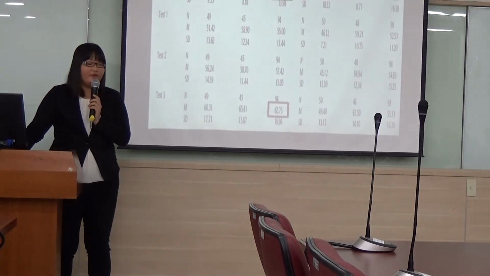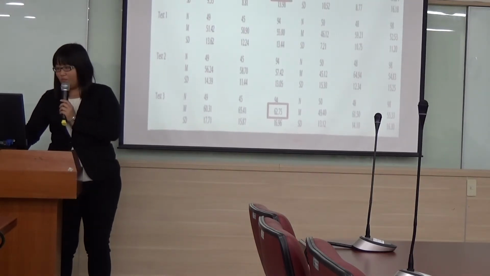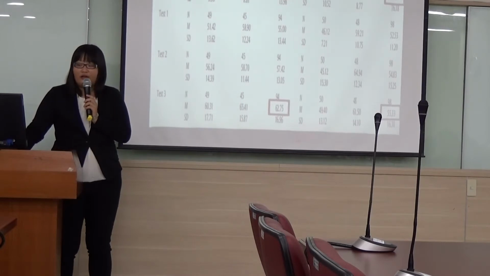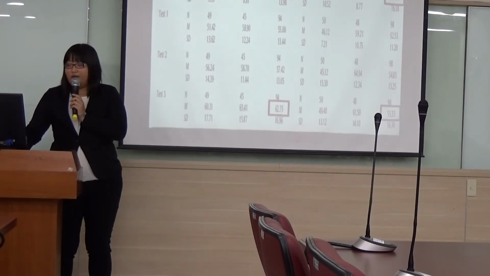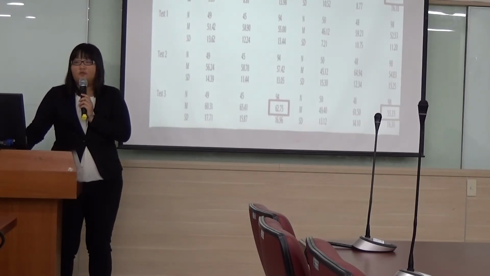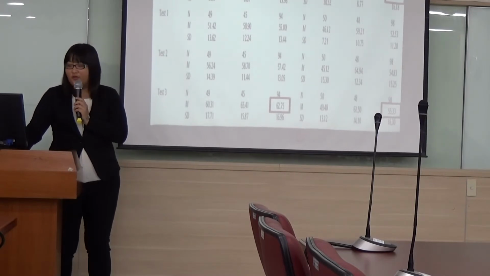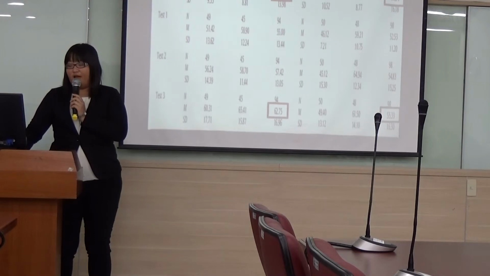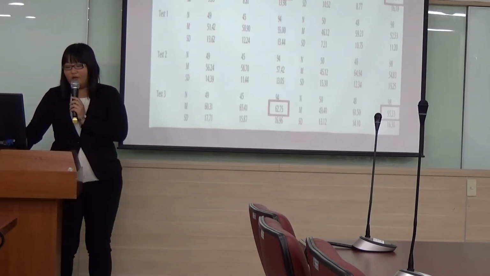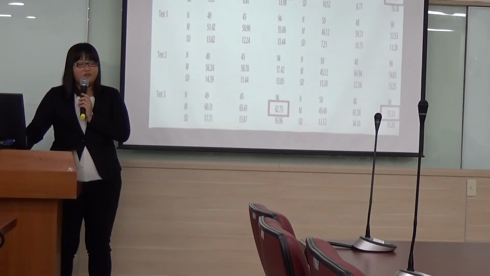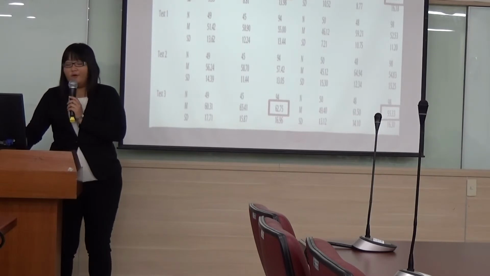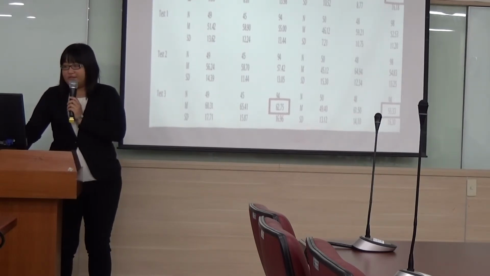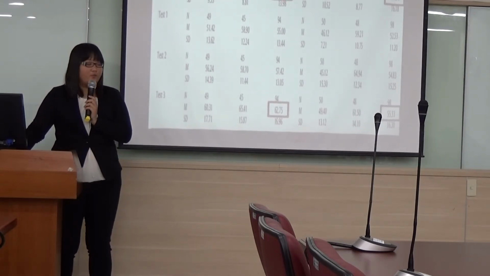That is a significant improvement. In the control group, the mean score of the pretest is 56.54, and the mean score of test 3 is 55.33. That is no significant improvement.